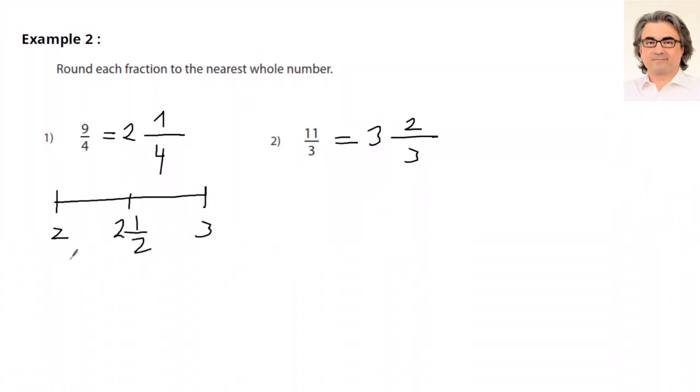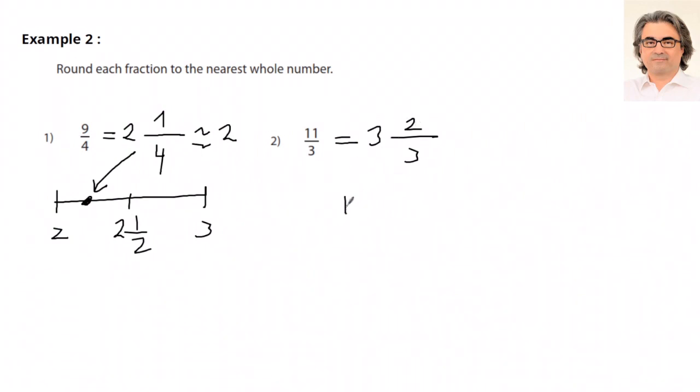It means 1 over 4 is less than 1 over 2. So my number is between 2 and 2 and 1 over 2. So my number is closer to 2 than 3. So the result here is 2. I rounded it.